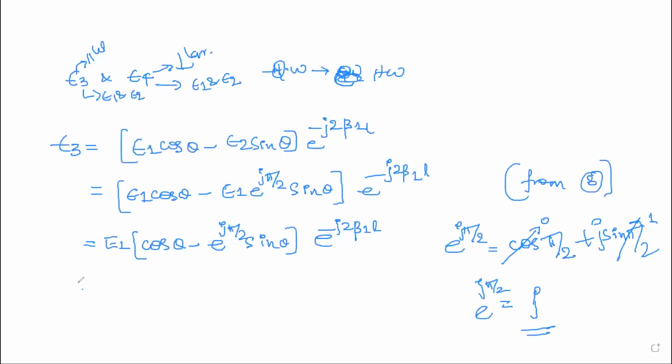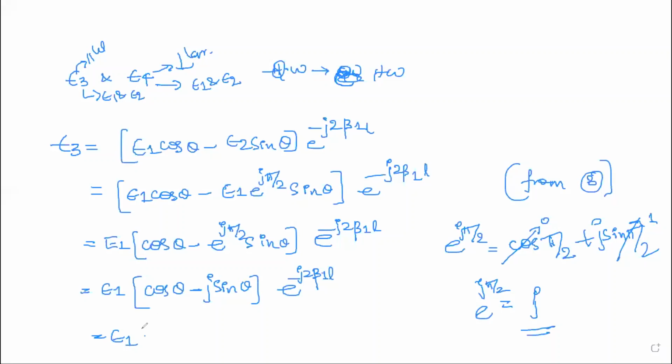So if you substitute it here, instead of e power j pi by 2, I'll write it as j, sin theta into e to the power minus j 2 beta 1 L. This again I can write in terms of cos theta minus j sin theta, which is e power minus j theta.